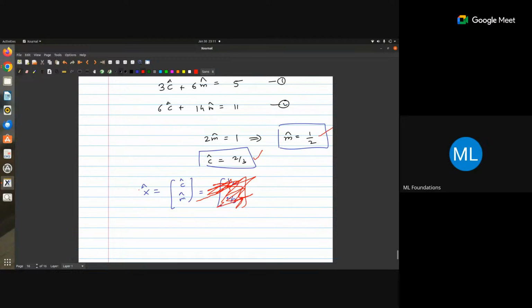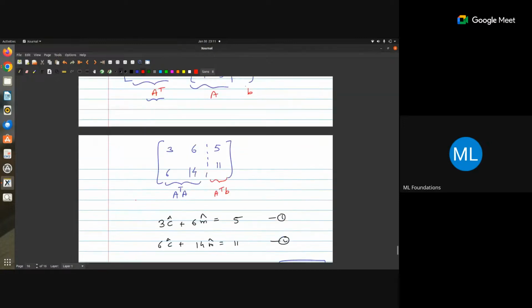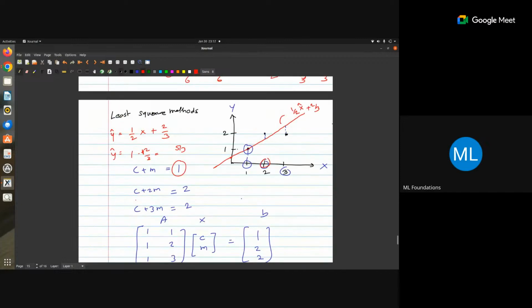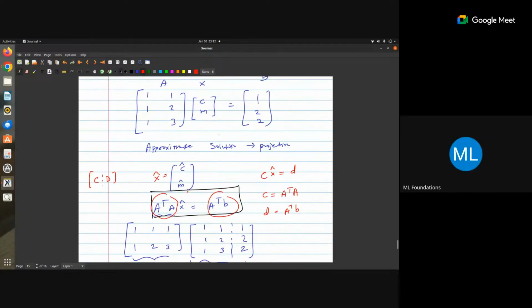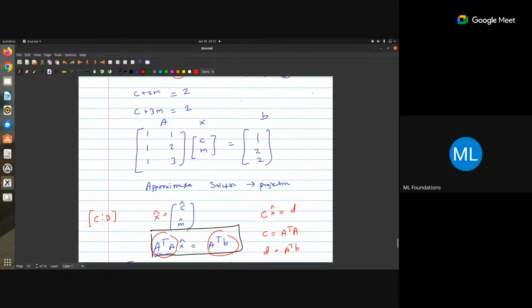Actually, we have found the solution which gives me the value of that projection which lies in the span of A. Initially, why were we not able to find it? Because this b was not in the span of A. So we found the approximate solution. If this b was in the span of A, the solution would be c and m, the exact solution.